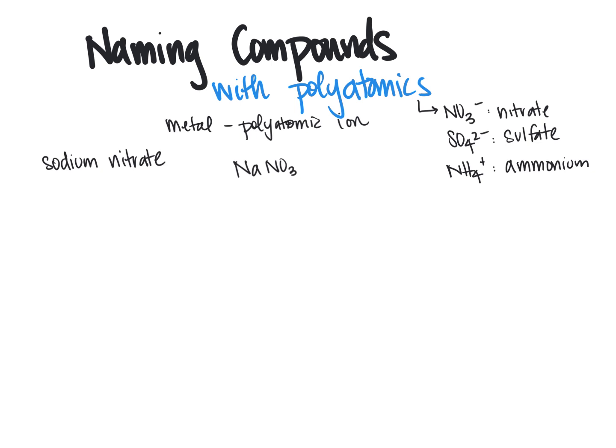It becomes more complicated if we were to have ammonium sulfate. This has two polyatomics. When we want to write the chemical formula, we need to know the charges on both of these so that we can figure out what the balance is.